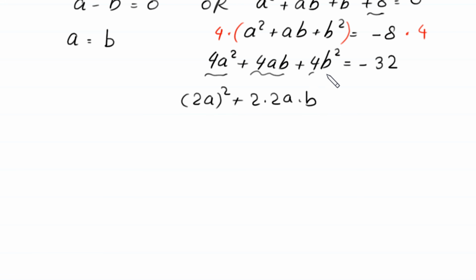So we write this 4b squared as plus b squared plus 3b squared is equal to negative 32.